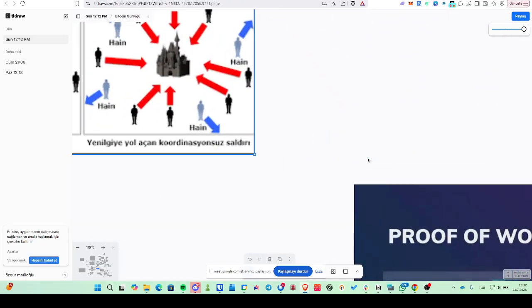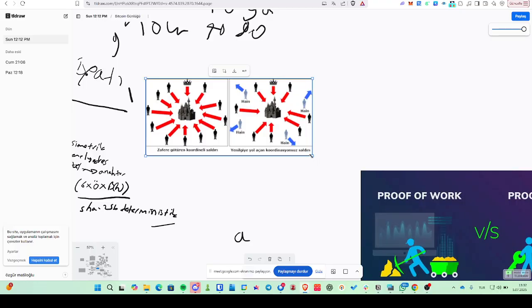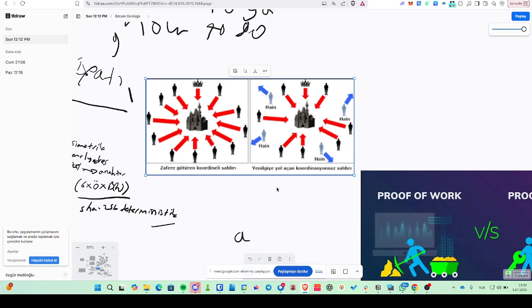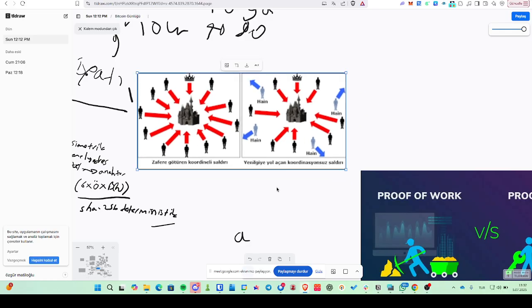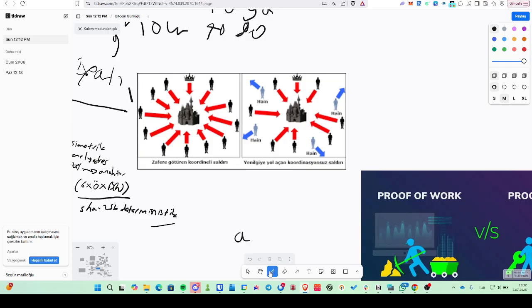So, here is the famous Byzantine general problem. If you want to take a victory, you need to attack in all directions at the same time.